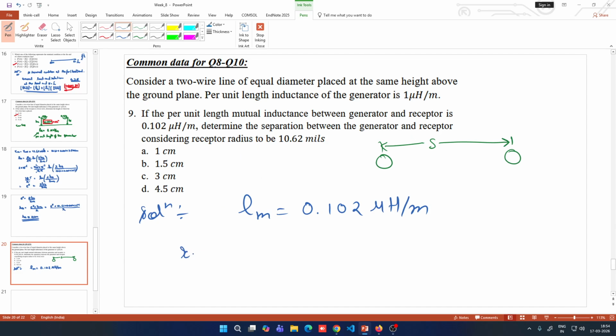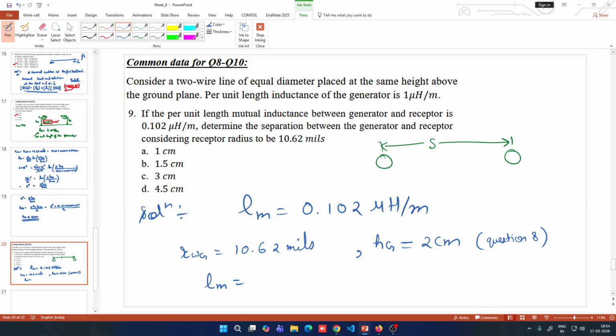This Rw is the same, 10.62 mils. Now we know the formula for Lm, and Hg we know from the previous question because everything remains the same, nothing has changed. Hg is 2 centimeters, it came from question 8. Now we can write the formula for Lm, the mutual inductance between the generator and the receptor.